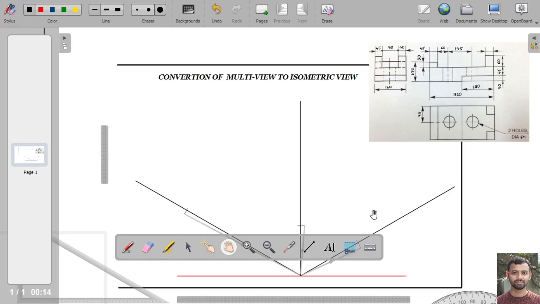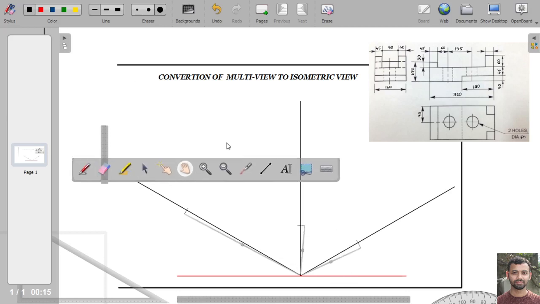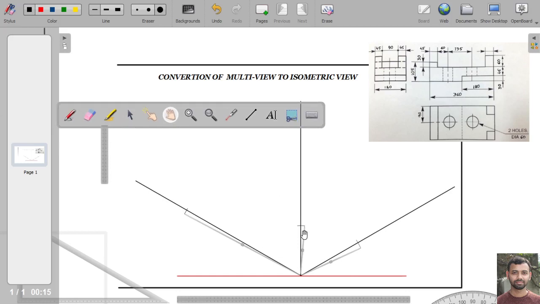Now we have to make the box. To make the housing block, we have to draw the isometric lines. All of you know what isometric lines are?